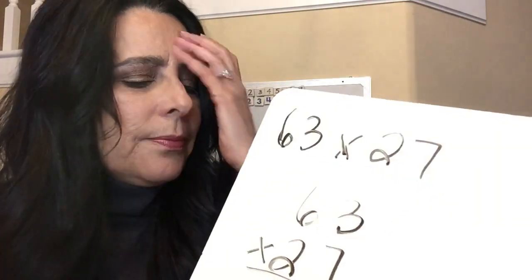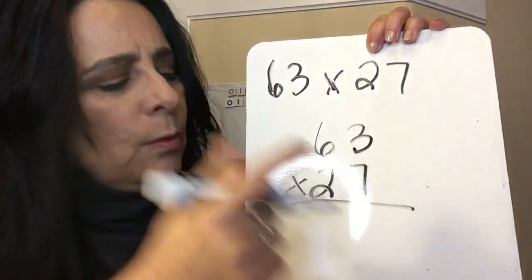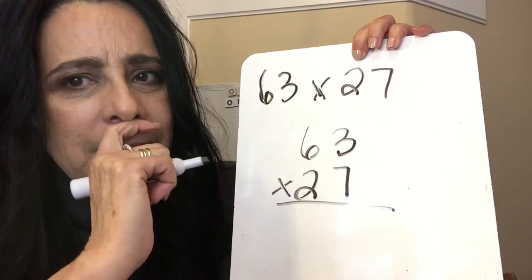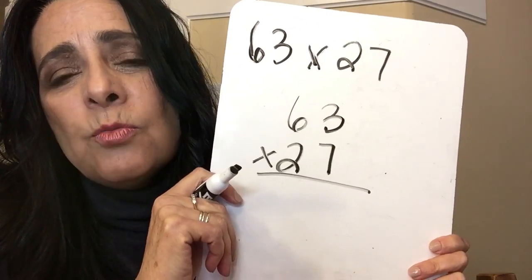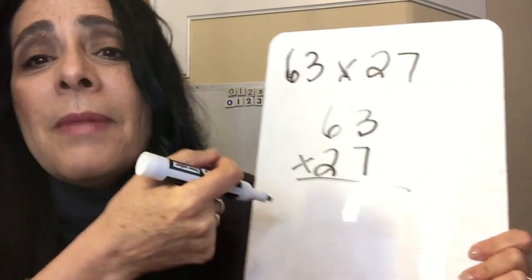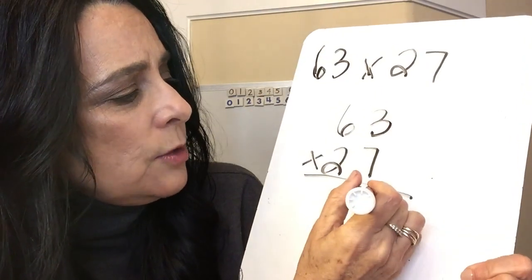If you teach the standard algorithm, which, why do we teach that? I don't even know. Do you know why we put a 0 as a marker here? You know, I never knew why. Do most Americans know why? Maybe it's just me. Maybe I'm the only one who doesn't know.